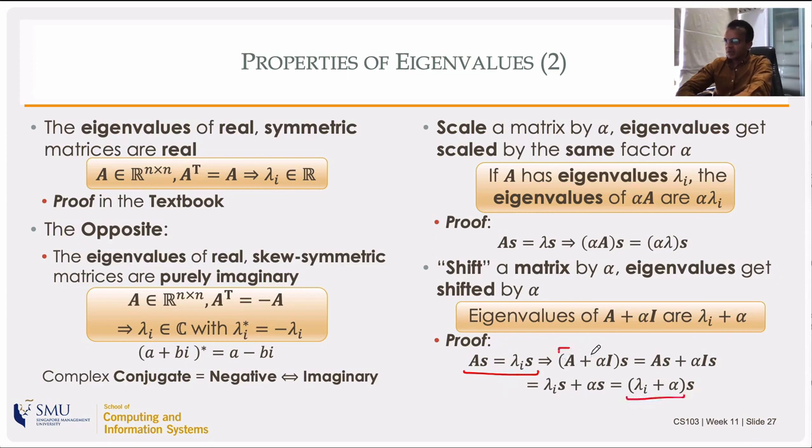Again, if you call the matrix A plus alpha I A prime, some other matrix, then that multiplying the same eigenvector will give me some constant times the same eigenvector. But the eigenvalues will get shifted by alpha. So these are things that might be important in developing algorithms for computing eigenvalues and eigenvectors.